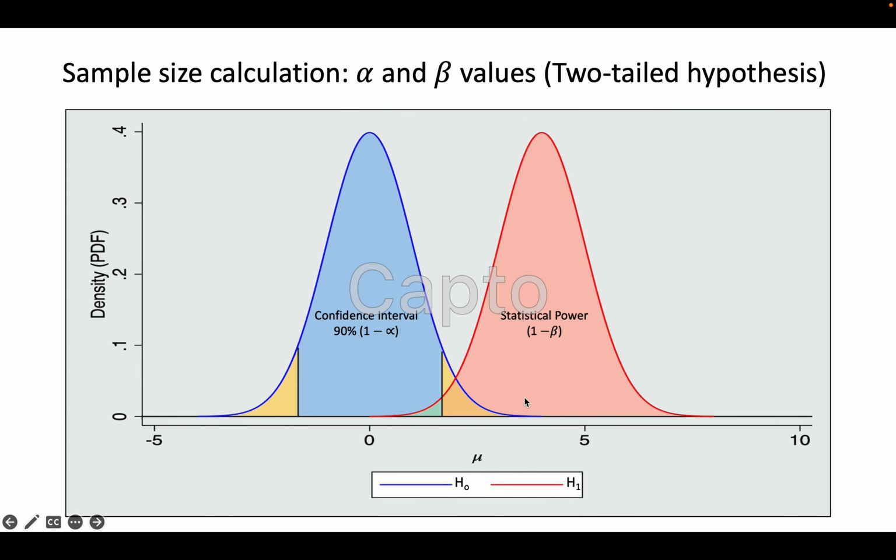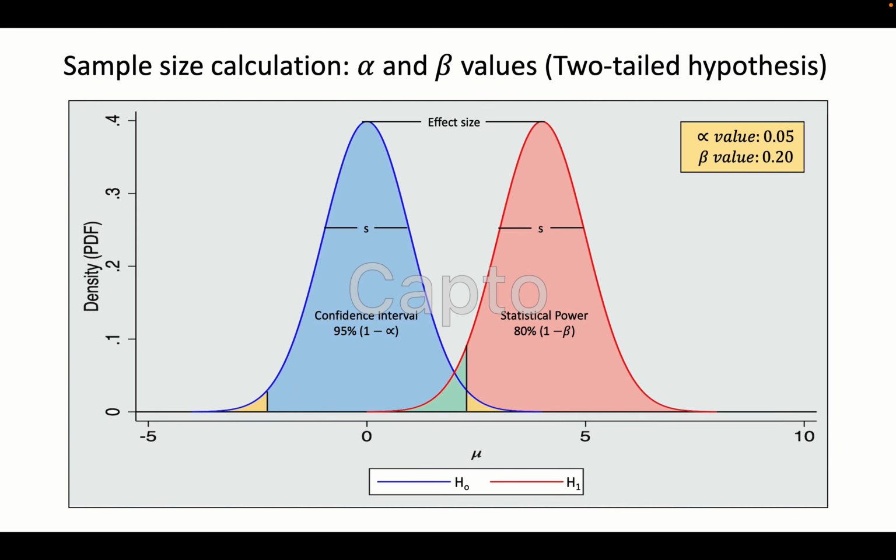So now let's think about what happens when we want to increase the statistical power. If you want to increase the statistical power without modifying your alpha critical value, all you need to do is increase the sample size.